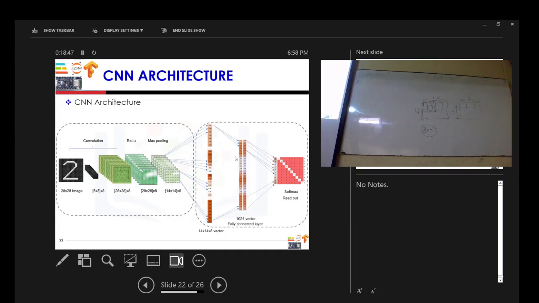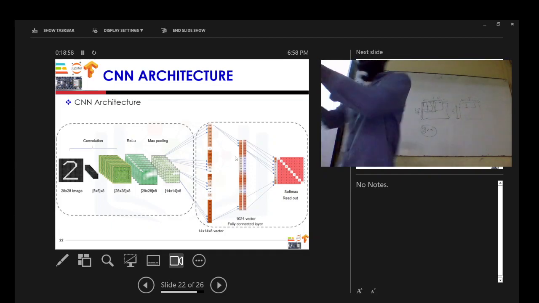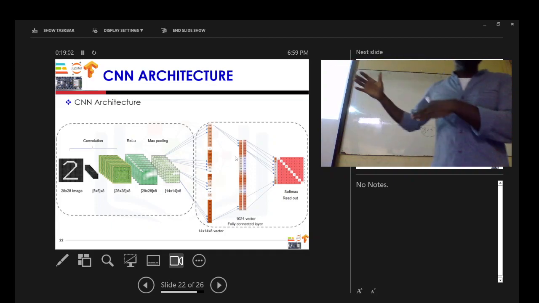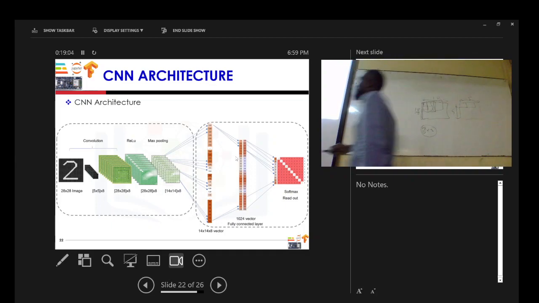After you convolve, each filter is passed through the image, and you get a completely different image. So if you have 8 filters, you get 8 different images. That's why here you get 28 by 28 by 8. Each filter generates a completely different image.